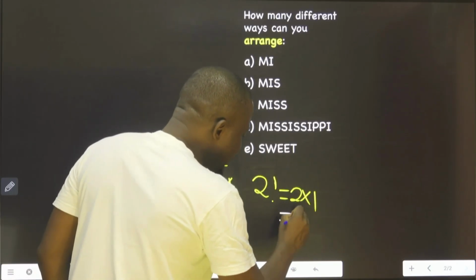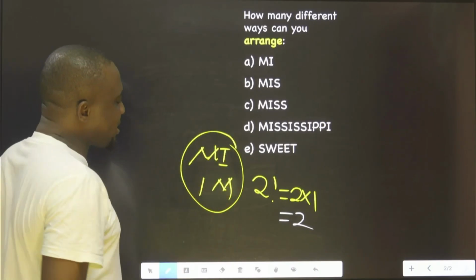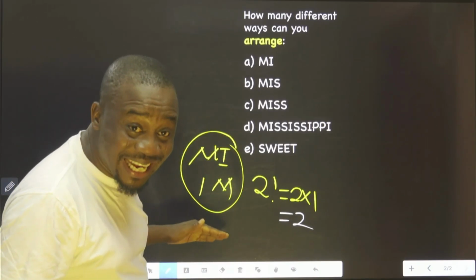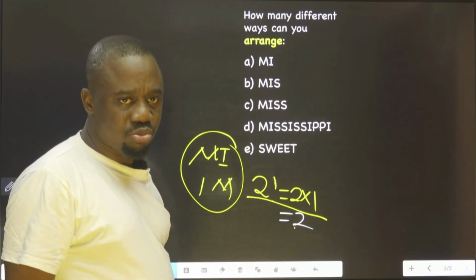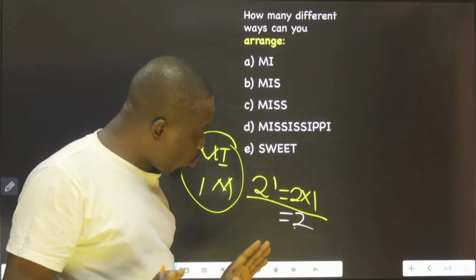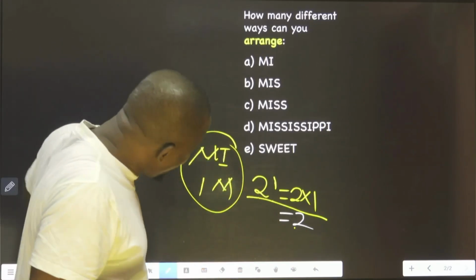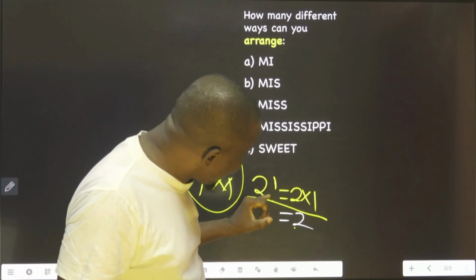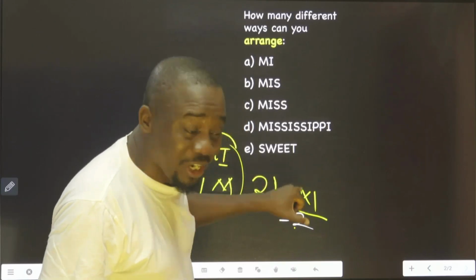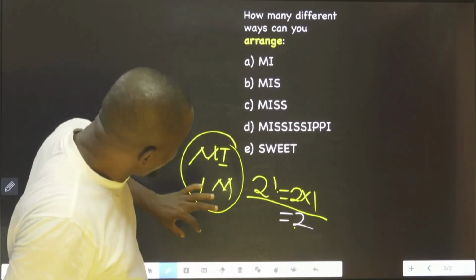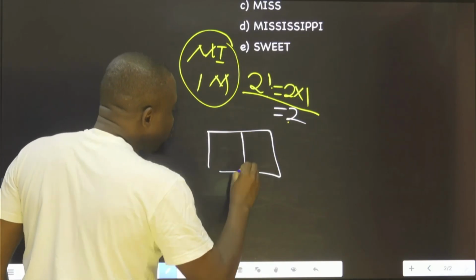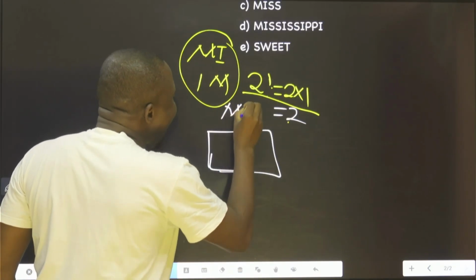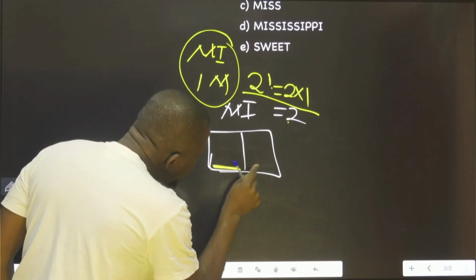Do you agree with me? This is 2. Without arranging it manually like this, with this mathematical understanding, I have 2. Just 2 factorial. This is a shortcut I'm giving to you. What it actually means is we have 2 spaces to put M and I. What should we put here?